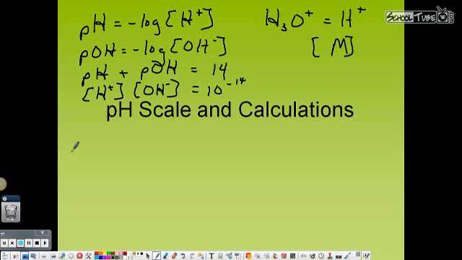When you read your problem, it's important to know, am I working with an acid, an H with something, or am I working with a base, something with an OH? An OH, when it's in water, a strong base will ionize into something plus OH. 90% of the time, the molarity of this is the same as the molarity of the OH.